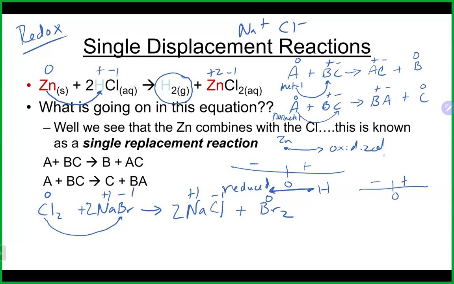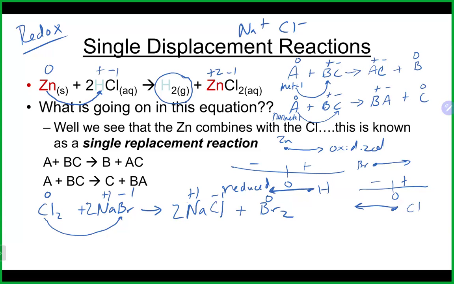So on the left-hand side, we have bromine here with a -1 and ending at 0, right? Becoming more positive. And the chlorine started at 0 and ended at -1, which is heading in that direction, right? Becoming more negative. So these are two nonmetals where you can still apply electrons being transferred and a redox reaction happening. You'll do that later on in lab, and when we get to organic, I think maybe you do it at some point, this particular one.